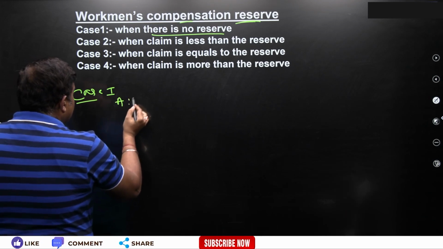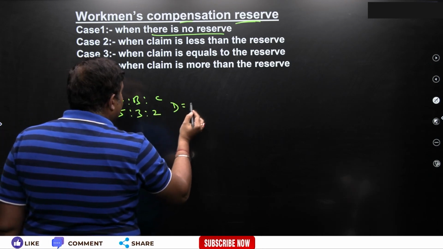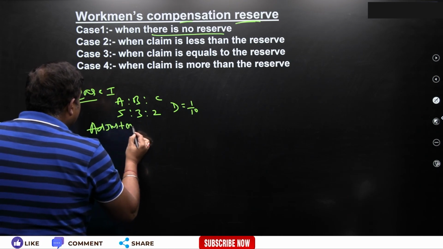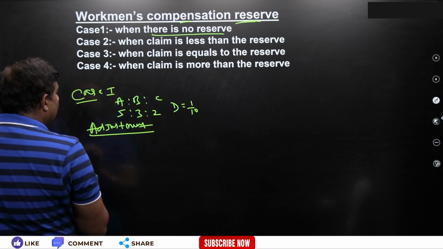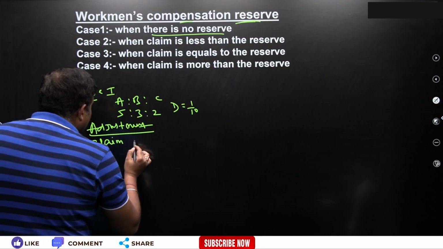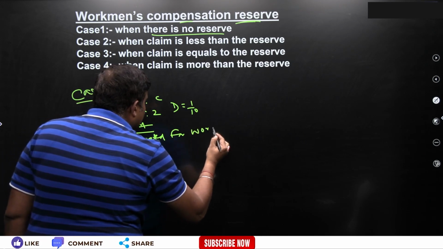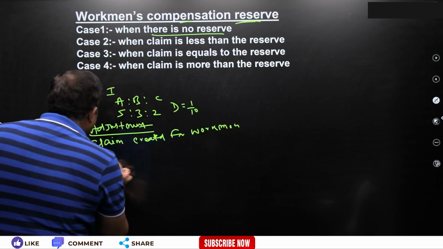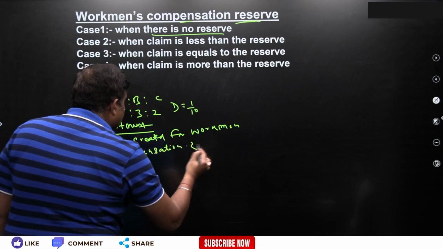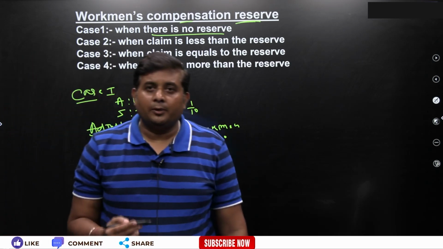Suppose A, B and C were the 3 partners sharing profit and losses in the ratio of 5:3:2, and D is coming in for 1/10, and it is given in the adjustment that we have to create a claim for workman compensation of, say, rupees 10,000.